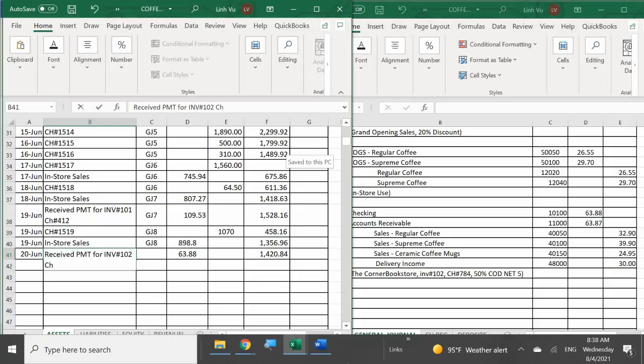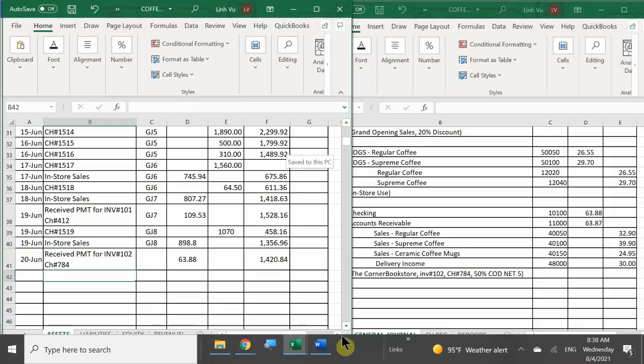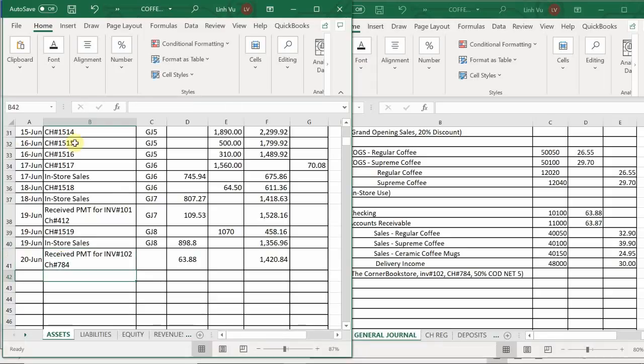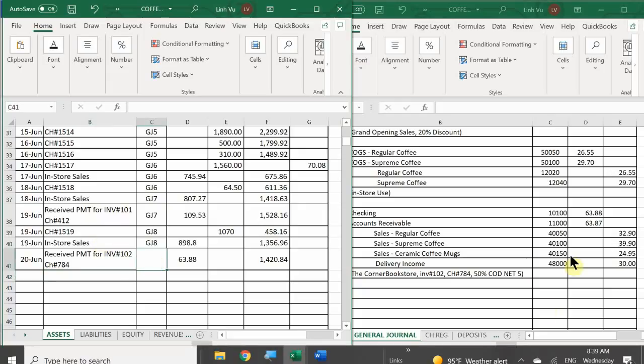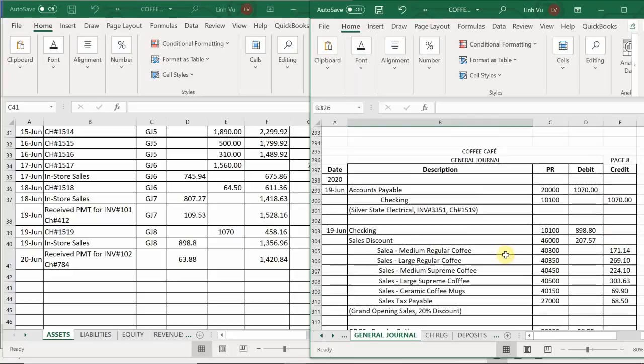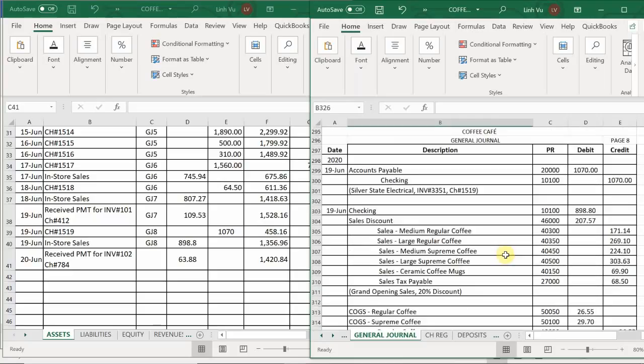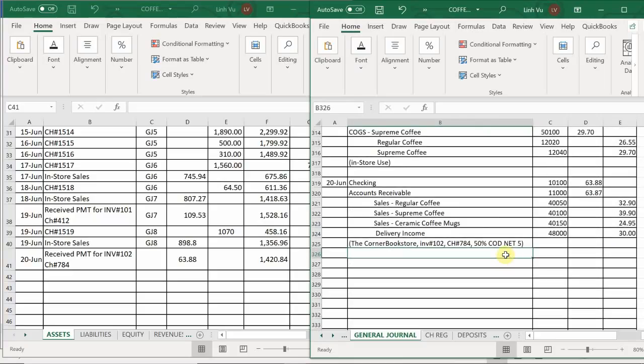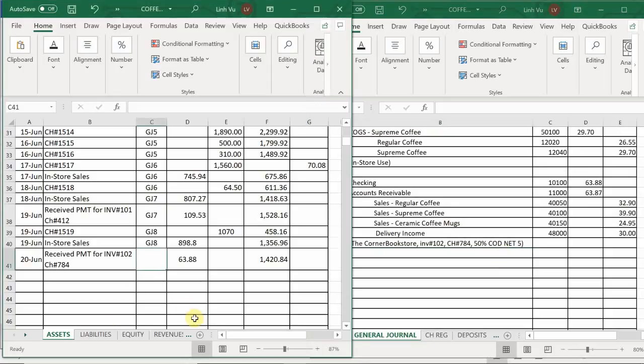Then the check number 784. What journal number am I on? General Journal 8. Good. What's my total balance in my checking account? The 1420.84. Correct. Good.